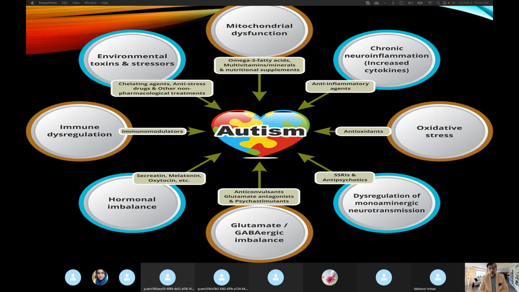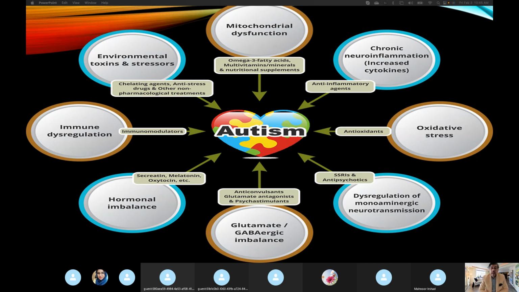It is supported by lots of data, though not 100% confirmed. Nothing is 100% confirmed. But there is lots of data related to chronic neuroinflammation and increased cytokines, and anti-inflammatory agents can help these kinds of children as well. But this is again not proven fact. There are data related to it.